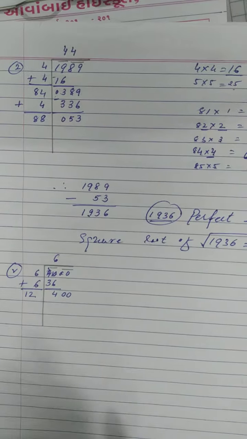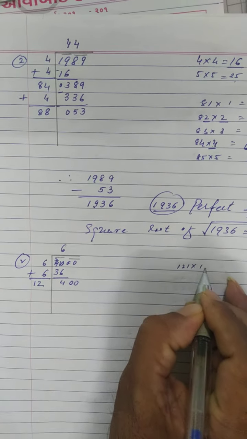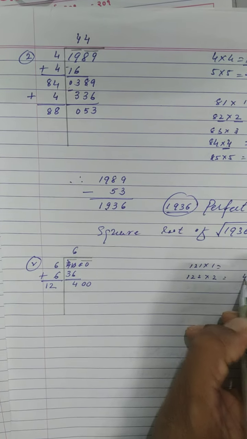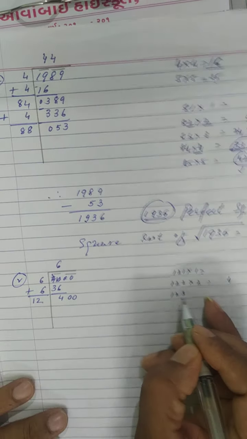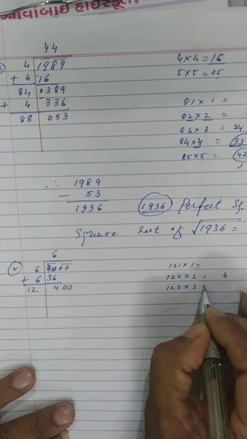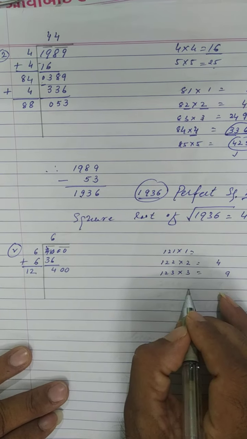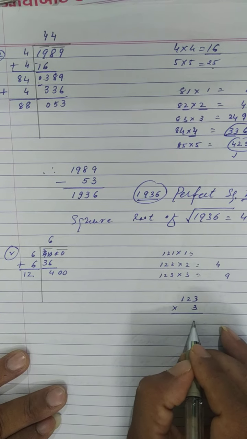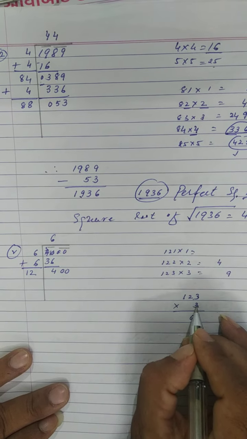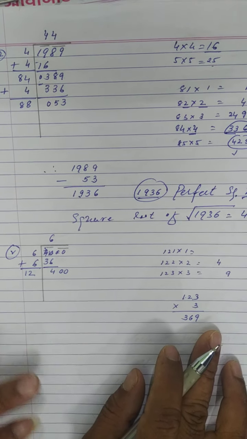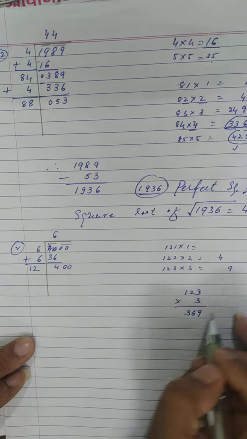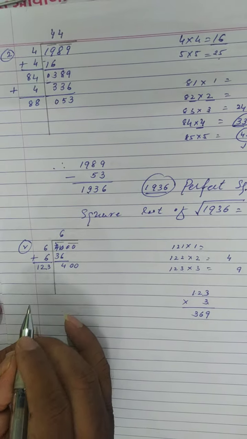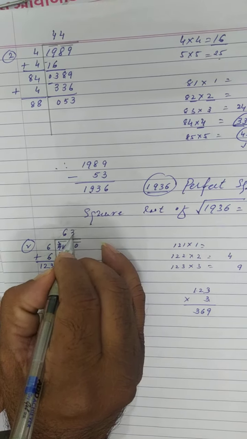Now let's see, 121, 122 times 2, 123 times 3. With it we get the nearest number: 3 threes are 9, 3 twos are 6, 3 ones are 3, so 369. If we multiply with 4, it will be greater than 400. So we'll multiply with 3, 123 times 3.